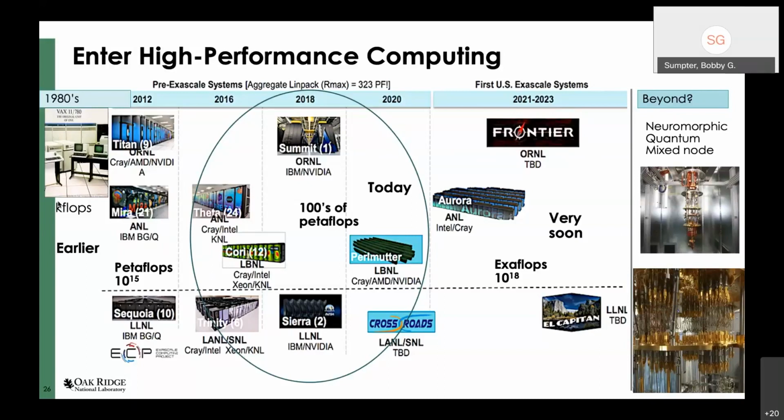Today, we have progressed up to 100 petaflops, which is 10 to the 15th. Petaflops is 10 to the 15th, kiloflops 10 to the 3rd. So we have progressed by 12 orders of magnitude in our computer power, which means we can solve a lot of equations. So we can treat really good time scales and really realistic length scales today, as opposed to back when we were using the VAX 780.